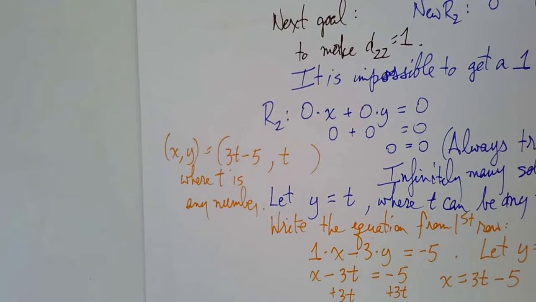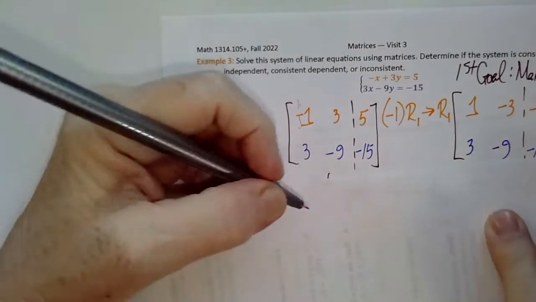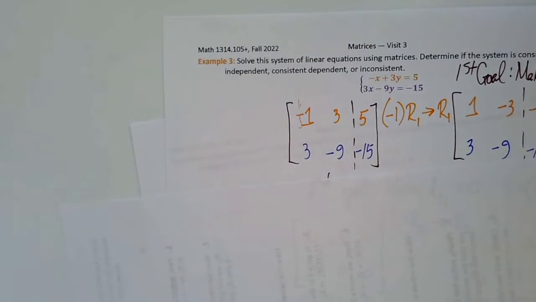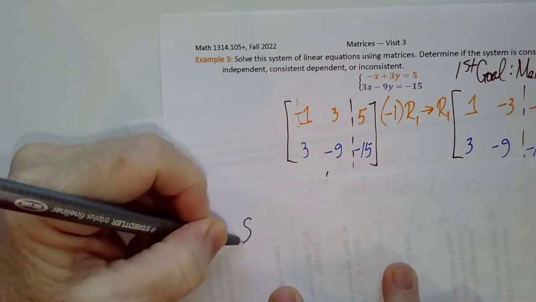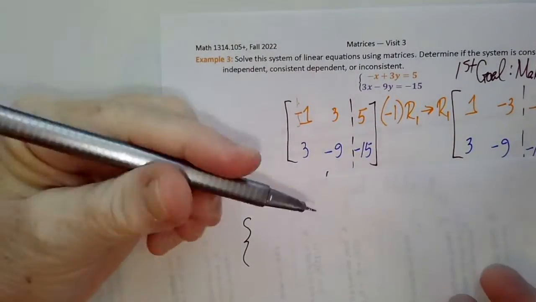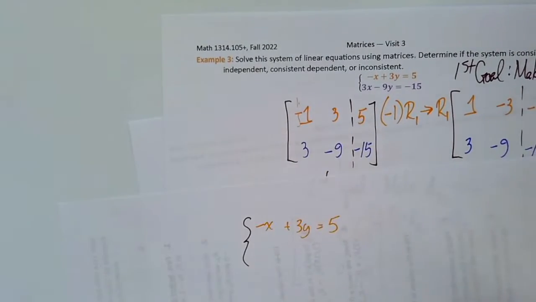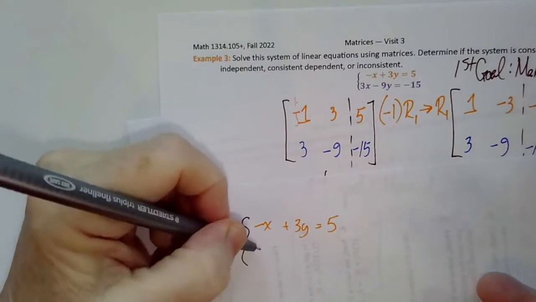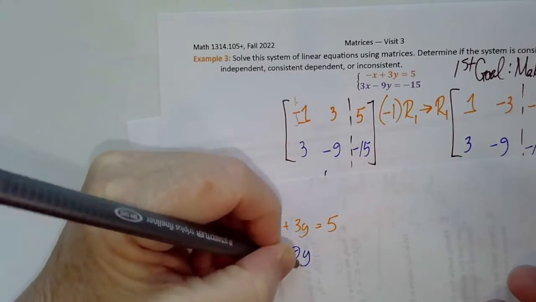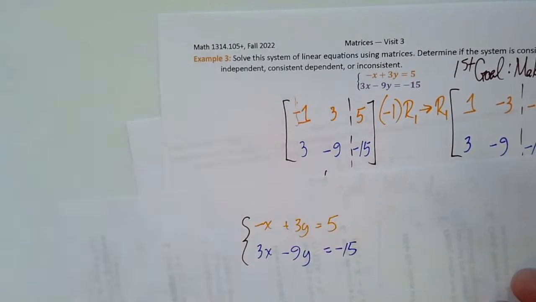And that seems weird, totally very weird. So let's look at something. Let's look at our original equations. Our original system was negative x plus 3y equals 5, and 3x minus 9y equals negative 15.